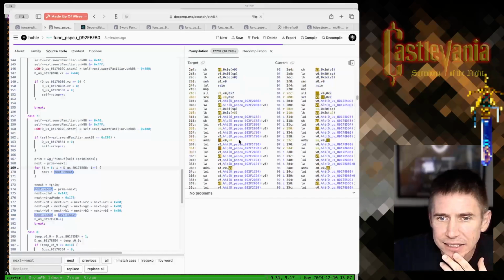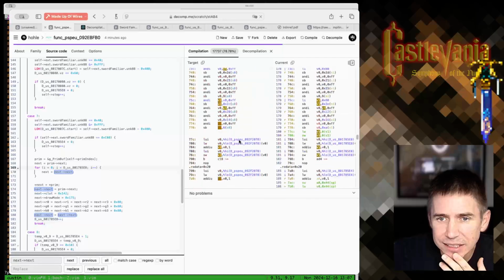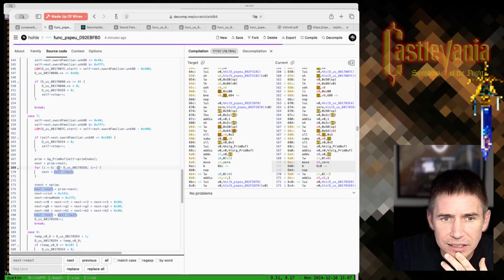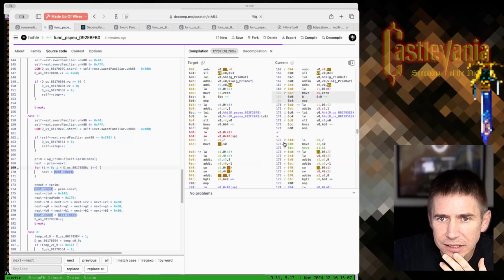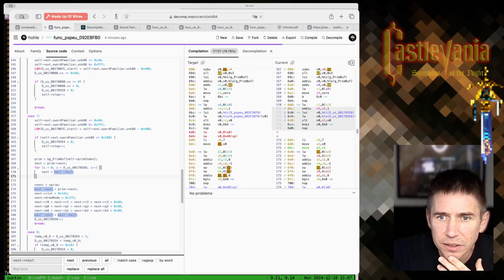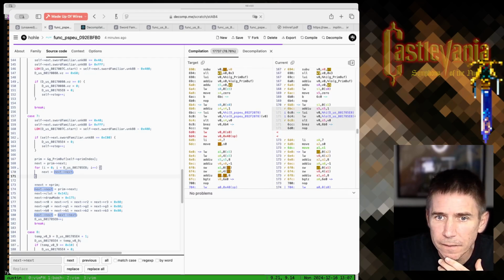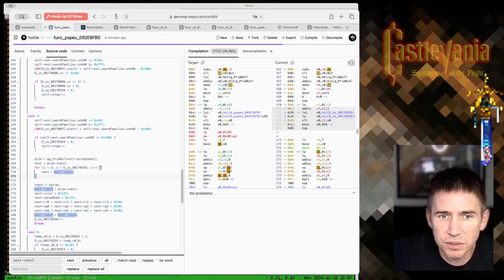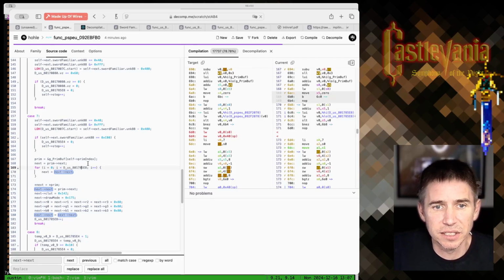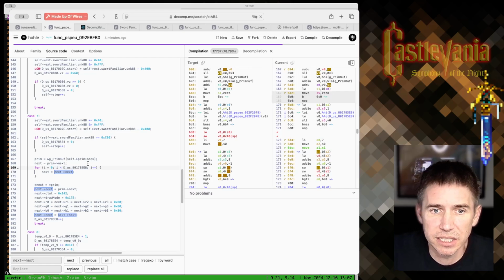Yuck. So we're grabbing this value, comparing it to this other value that's in BSS, which is uninitialized data.